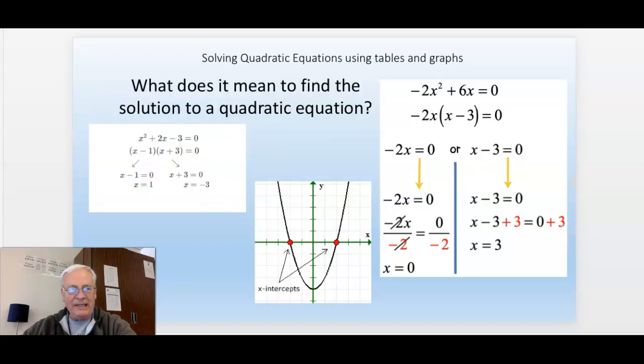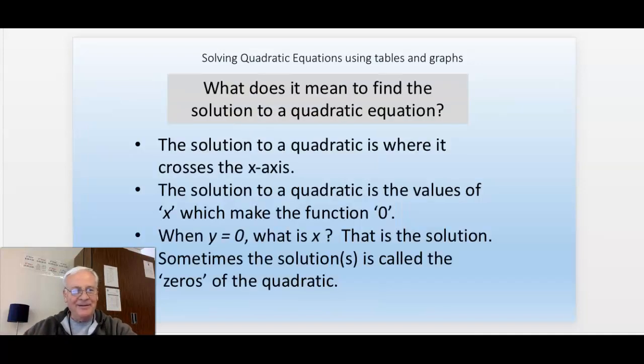First, what does it mean to find the solution to a quadratic equation? What does it mean to solve a quadratic? There's a variety of ways to think about it. When they say what's the solution or solve it, they mean set it equal to 0 and see what the x values are when the y values are 0.